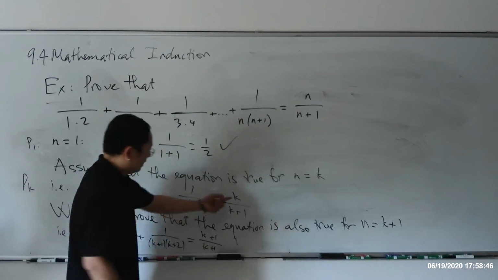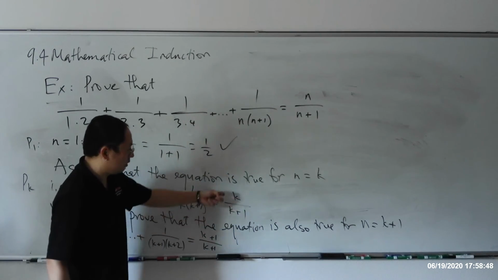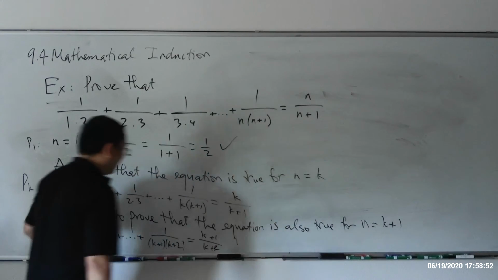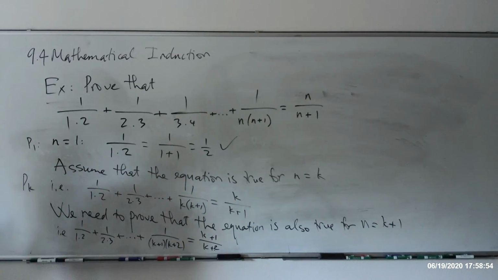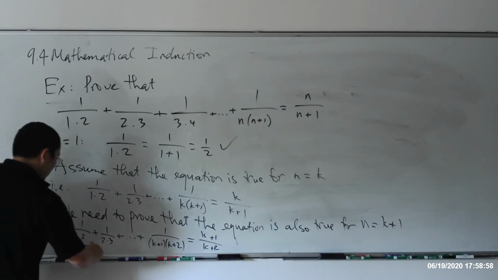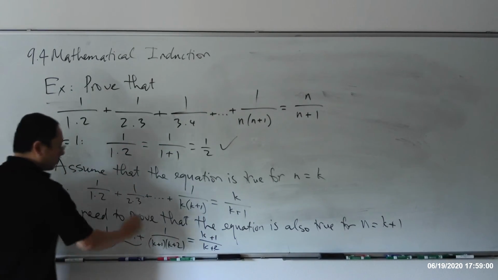You see? This is k over k plus 1, right? So the next step will be k plus 1 over k plus 1 plus 1, which is k plus 2. All right. So how do we prove that? This is the sum of k plus 1 fractions. As usual, it's equal to the sum of k fractions and then plus the last one.